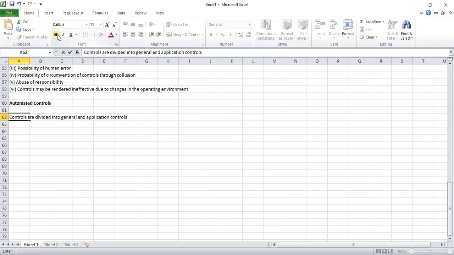So that is application controls. These are controls that ensure that when humans are working on the system, they do all their work in the proper manner. Whereas with a general control, before they go in the system, there are already systems in place without any interaction from the users. They are already put in place.